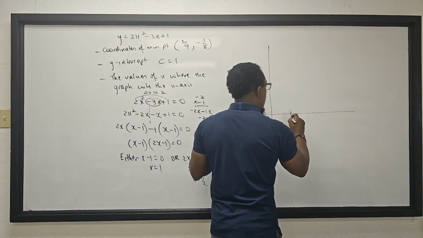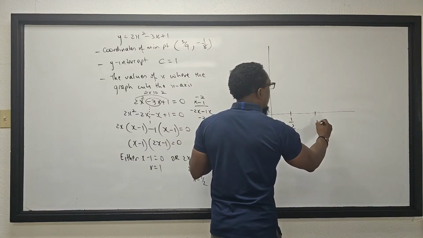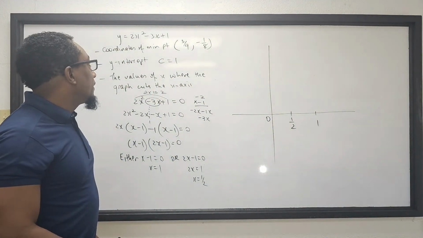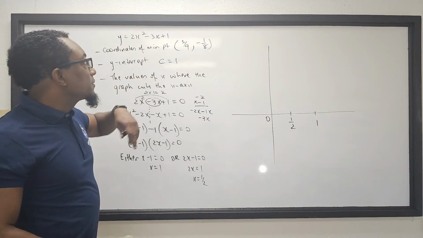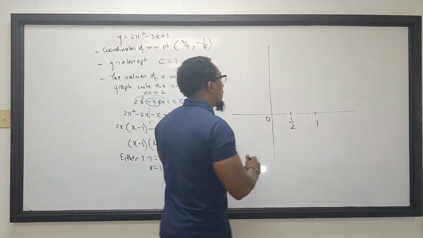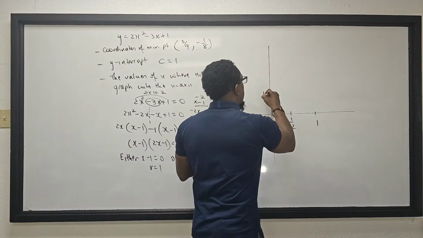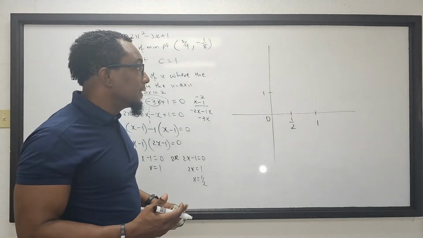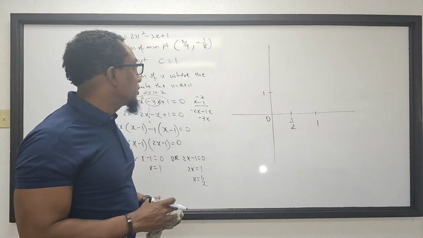Let's assume that this is a half and that's 1. So that's where the graph will cut the x-axis. The graph will cut the y-axis, the y-intercept at 1. So remember, it's a sketch. It doesn't have to be accurately shown, but the key information must be placed on the sketch.